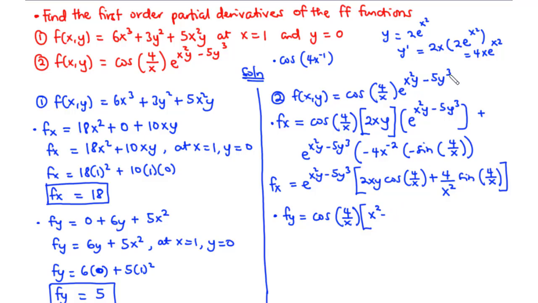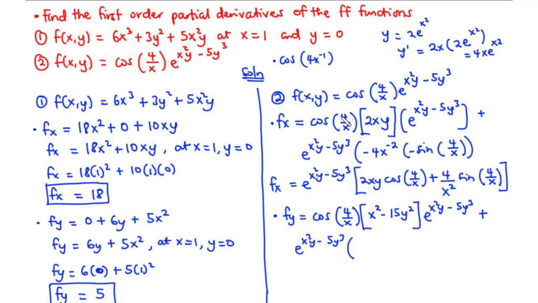When you differentiate this with respect to y, you have negative 15y squared, and then you repeat what you had, so e to the power x squared y minus 5y cubed, plus, this time you hold e to the power x squared y minus 5y cubed, and then you want to differentiate this with respect to y.